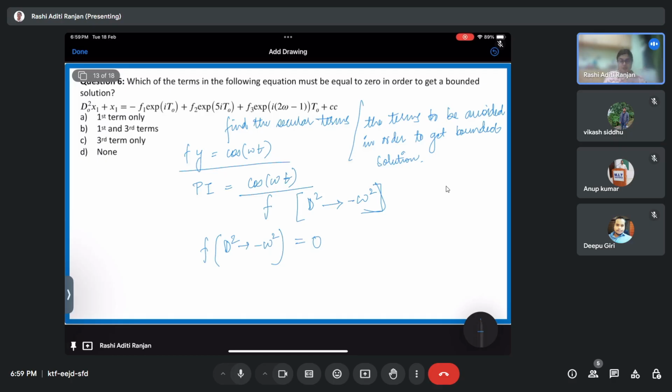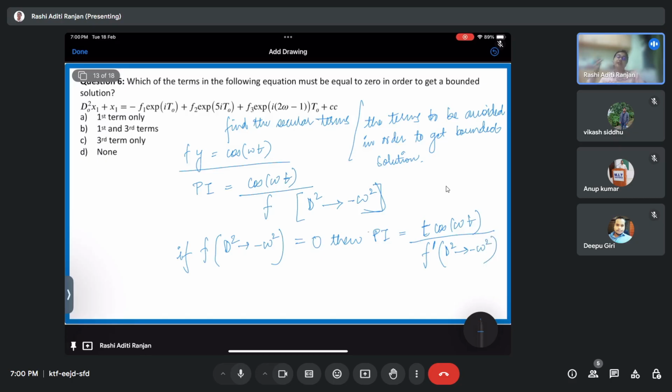So if this is equal to 0, what do we do? How do we find the particular integral then? There should be a particular integral, right? In that case, we say that if this is 0, then the particular integral is t into cos of omega t divided by f dash, with d square replaced by minus omega square.